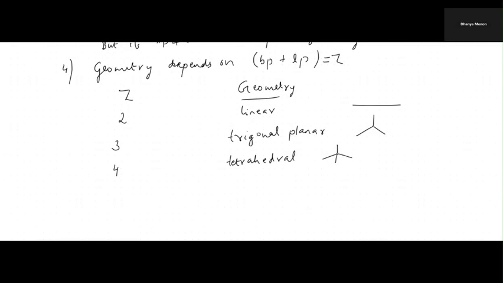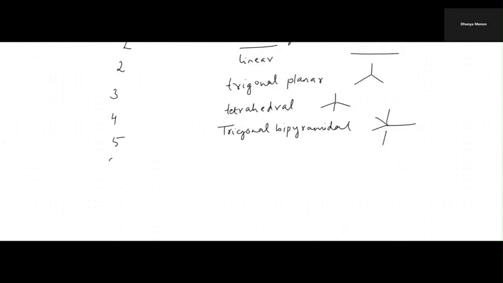Z value is 5, trigonal bipyramidal, with 3 of them in the same plane, one above and one below. Also, if Z value is 6, I have octahedral, which is like this. So this was about Z and geometry, which we did in the previous video.